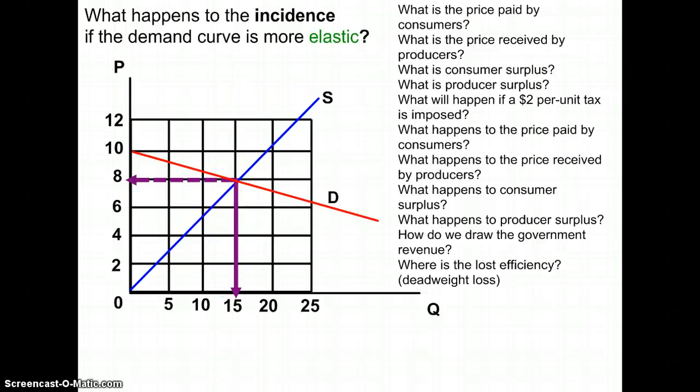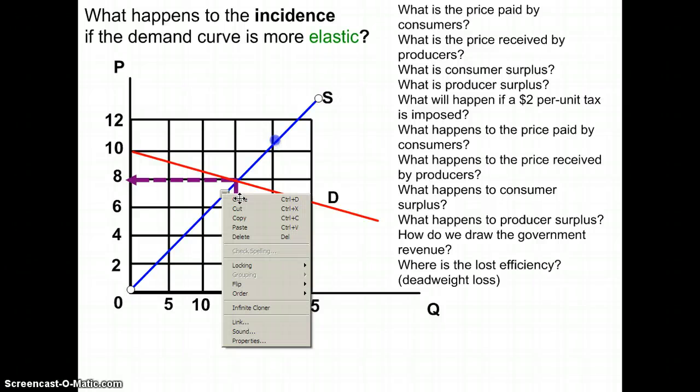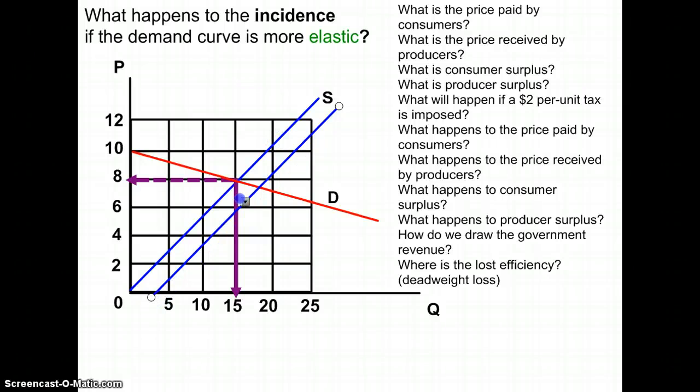If we look at a more elastic demand curve, here's where we see the most dramatic impacts. Because with elastic demand, if you put a tax on the item, people are just not going to buy it anymore. And here we can see what happens. At a price of $10, if the producers actually tried to charge $10, the consumers would refuse to buy any of this good. The equilibrium price that we're going to end up with is actually going to be way down here, just a little bit over $8.